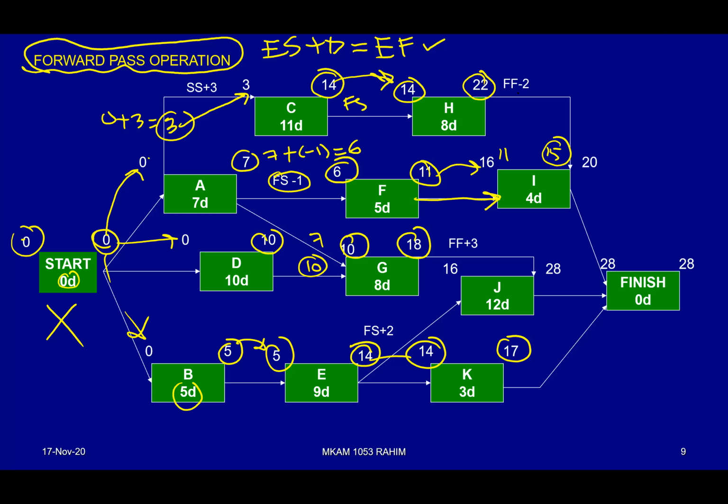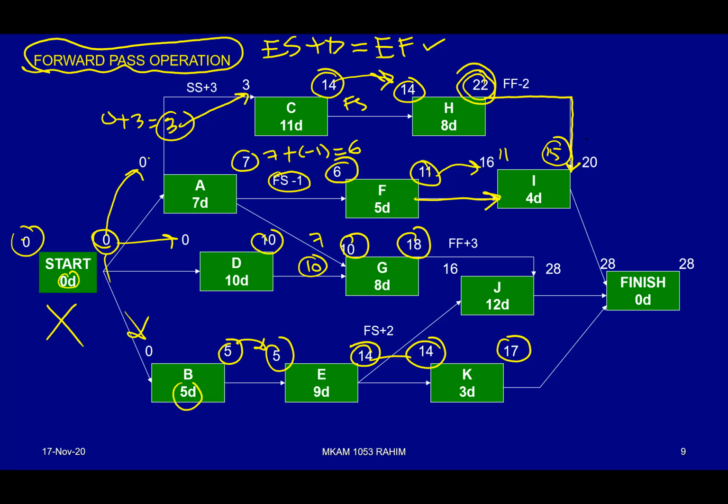Now you need to take a look at the arrow coming from H, but it is coming from the back of the arrow. It is not from the left, the back of the arrow. When it is coming from the back, only the back value from the previous activity will go into the back of the following activity.